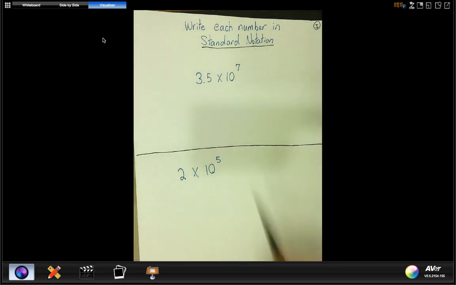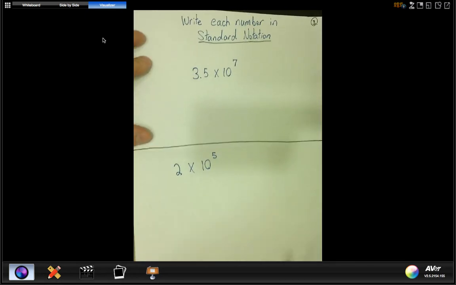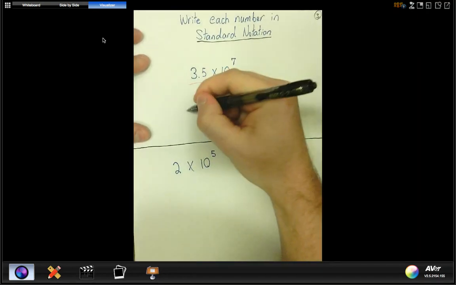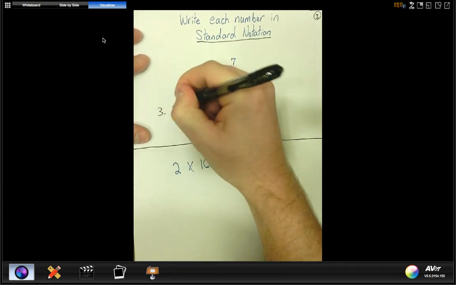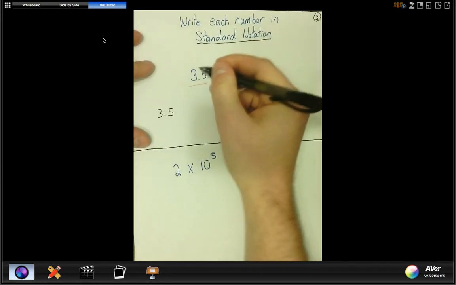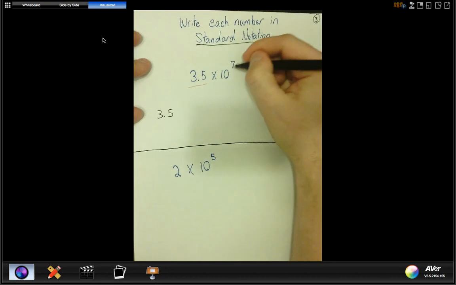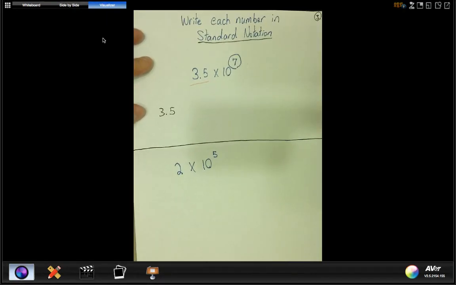So when I look at a scientific notation example, I see 3.5. First thing I'm going to do is write down 3.5. I also now know from the examples before, the exponent tells me how far I have to move the decimal point, right?